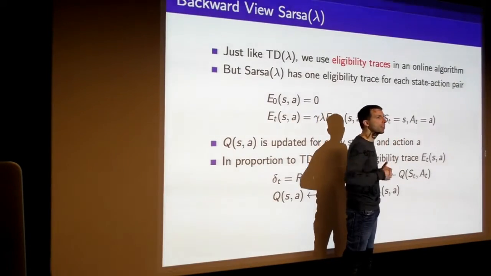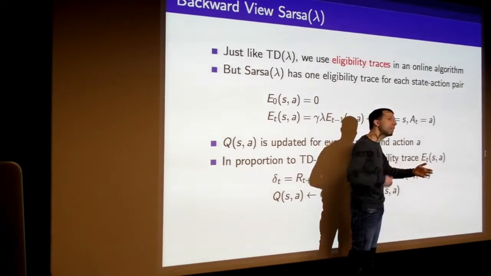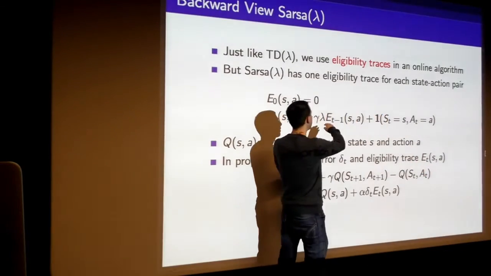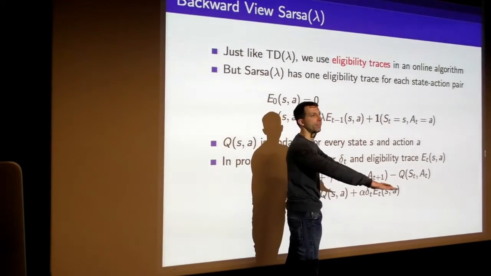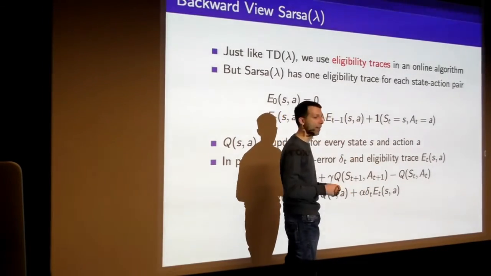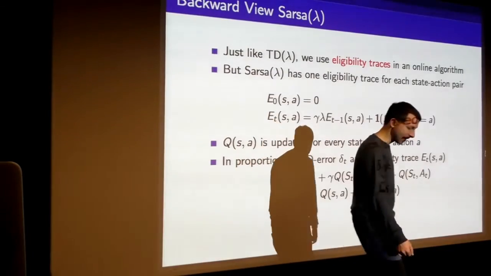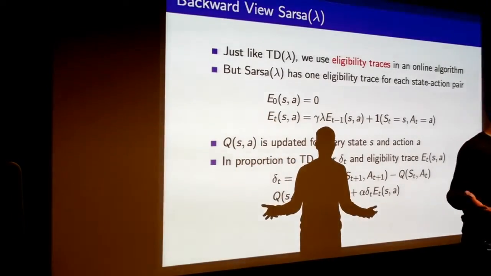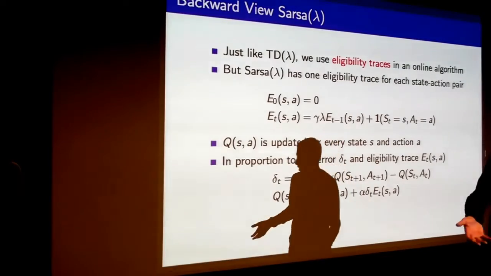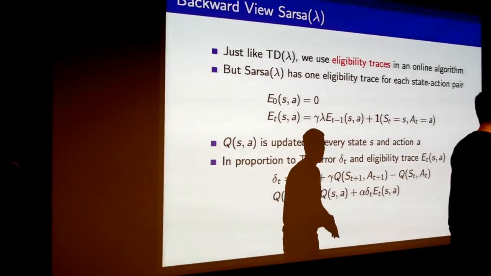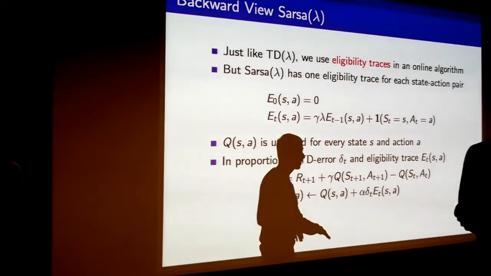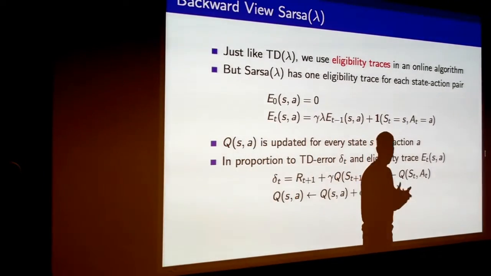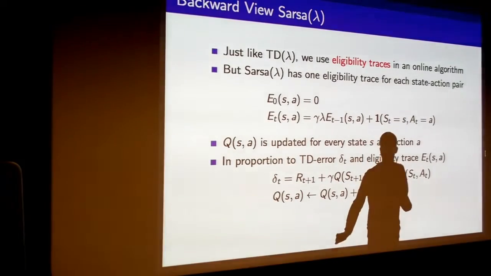Okay, so if I actually see that particular state action pair, increase my trace, and then every step for all state action pairs, even the ones we don't visit, we're going to decay them a little bit over time. And kind of have this process where, if I'm going around and this is the state that we're really considering here, if I keep going around and every time I revisit this state, I'm going to bump up my eligibility, and over time it's going to decay until I get back there again, and then it's going to bump up again. And then if I receive my carrot, whatever the latest eligibility is, that's how much blame I'll put on that particular state.